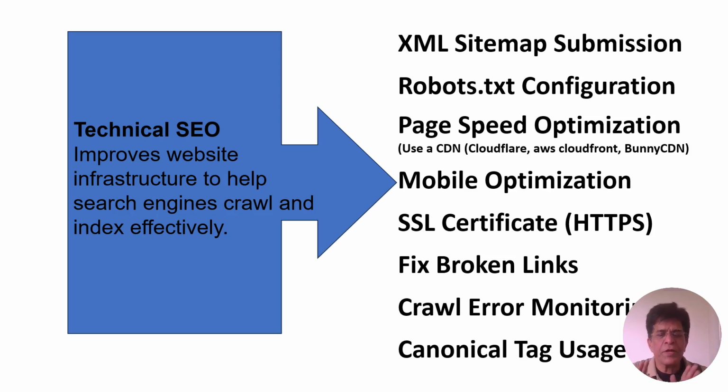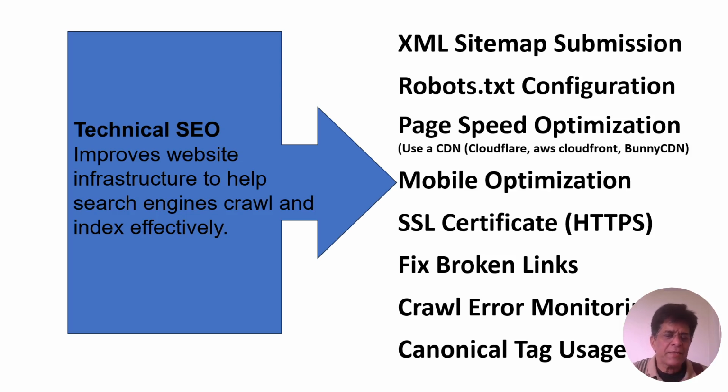And for universally having a secured process of this accessibility, we are using an SSL certificate, which will convert our website from HTTP to HTTPS. So our website will start with HTTPS slash slash, then the name of the website.